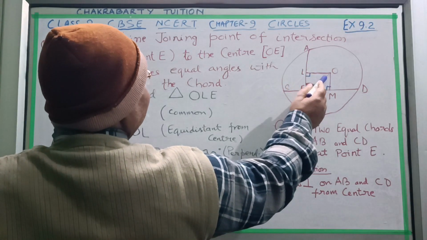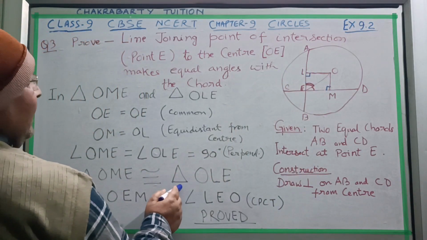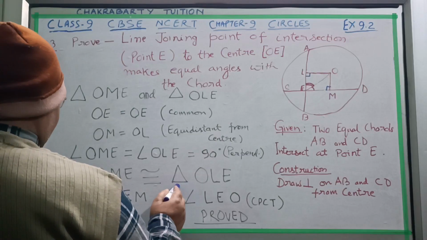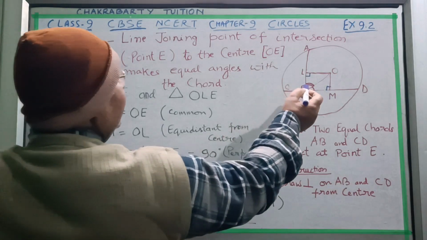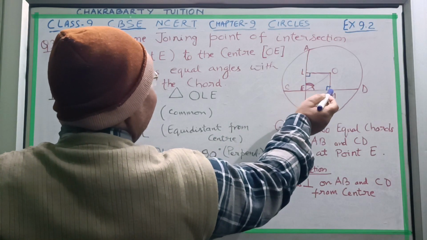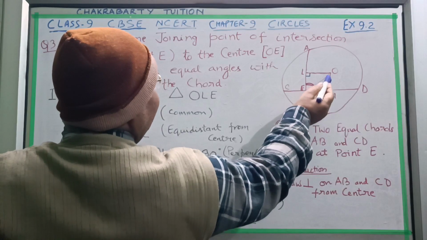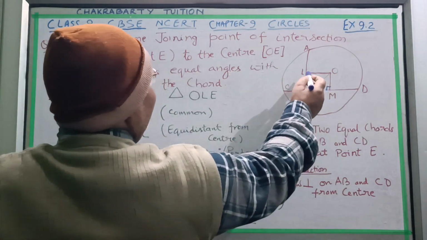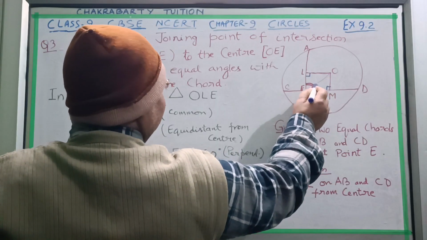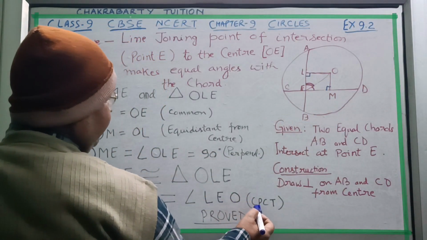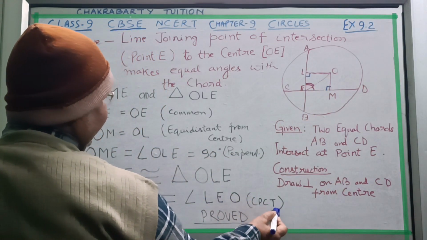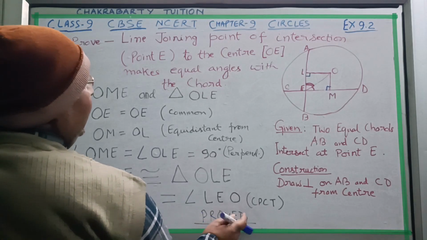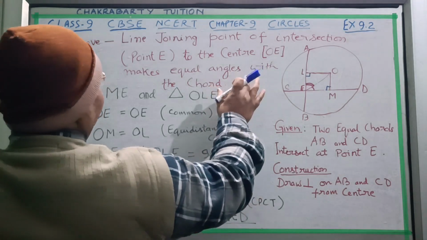Therefore angle OEM will be equal to angle LEO, because corresponding parts of congruent triangles are equal. So this we have proved.